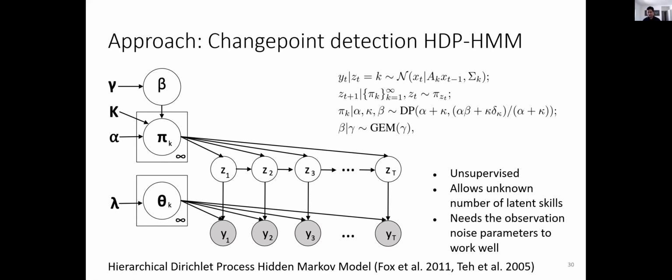What's really cool about this is that it's unsupervised. It allows an unknown number of latent skills, and all it needs access to is the noise parameters to work well. This is a Bayesian method, old school, from 2011, basically.